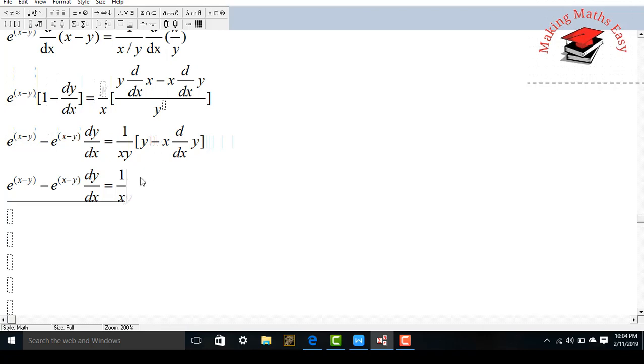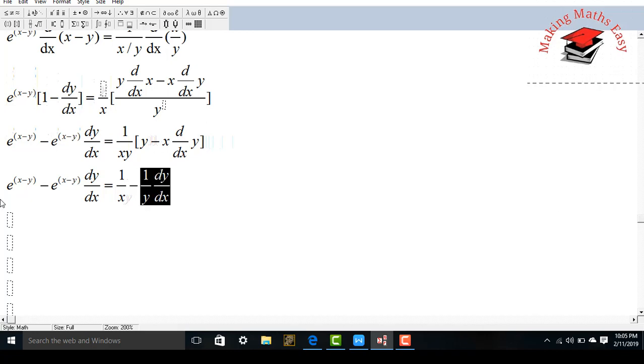And then 1 upon xy I will multiply with this function x into dy by dx. In this case x will get cancelled, so I will write here 1 upon y, because x divided by x gives me equal to 1, so I will cancel x, and then I will write my dy by dx in this case.